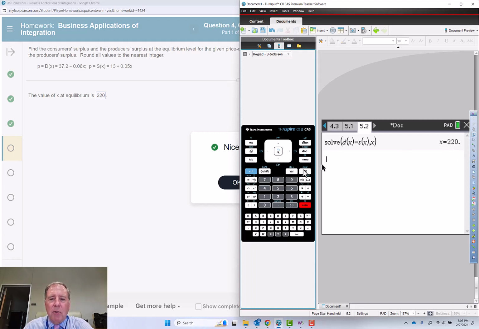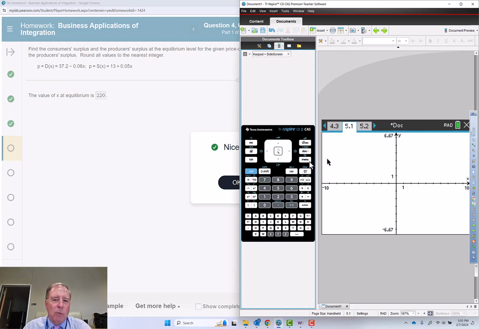Okay, and I could double that to figure out what my X window should be. But I'm going to go ahead and do one more thing. Menu 3, 1 for solve. And I'm going to take the demand curve, set that equal to 0, and solve for x. X, not w. So that tells me that my x-intercept on the demand curve is 620. So now I have a good idea what to do with the window.